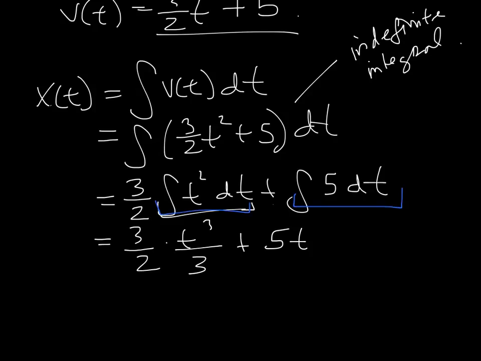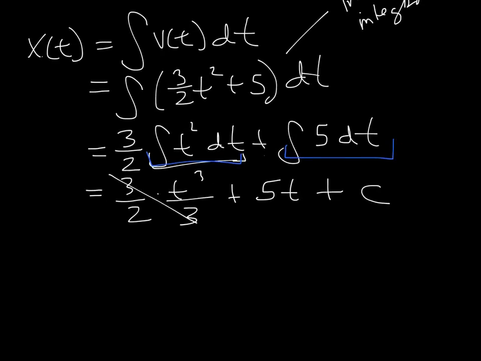And again, our constant of integration. This is nice, right? That's really 3 over 6. So it's a half. And we have, so x of t equals, let me write my half. So 1/2 t cubed plus 5t plus c.